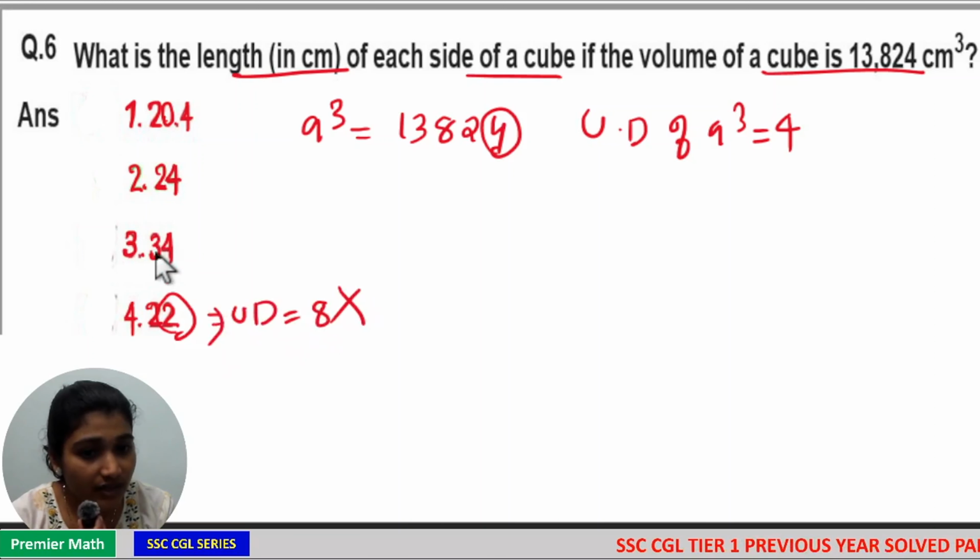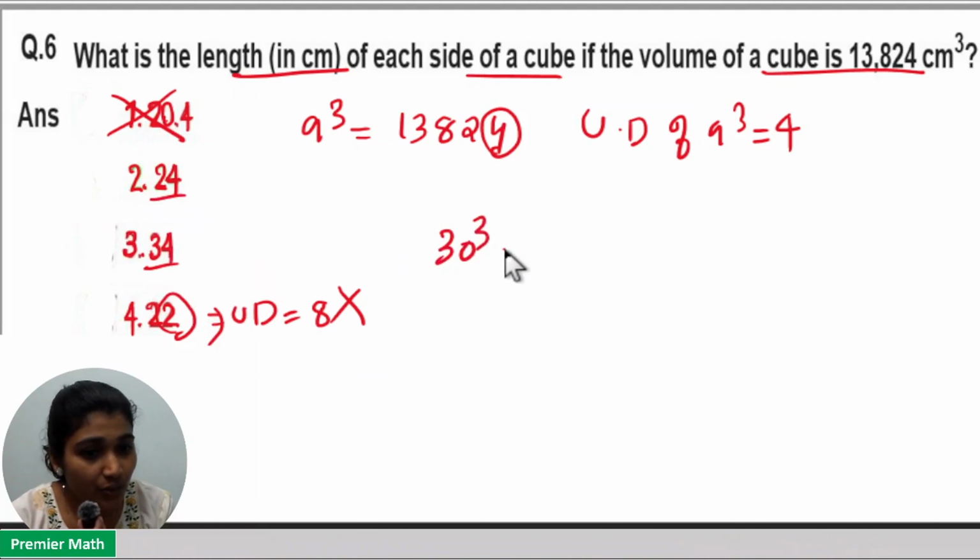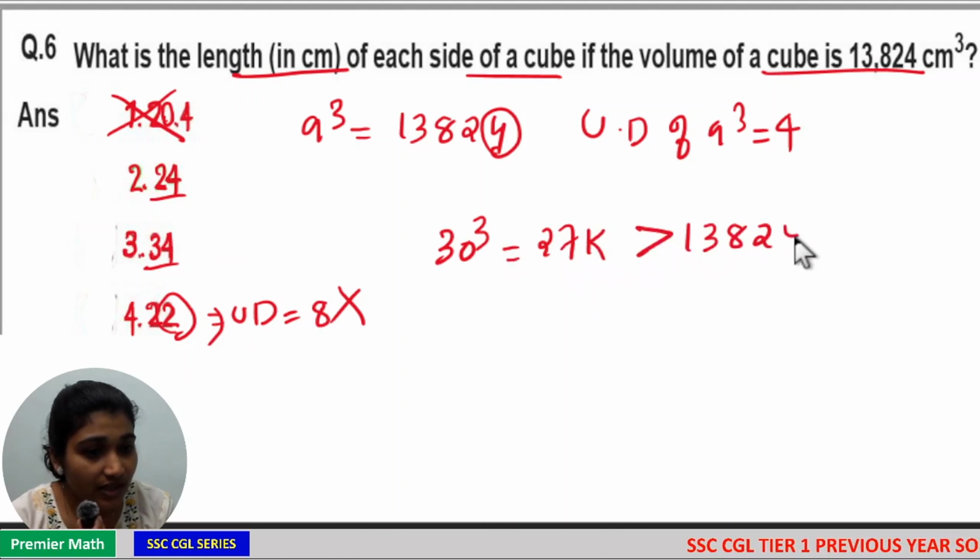Not our answer. And here 0.4 cube is eliminated, decimal in the answer, and here 24 and 34. Here 30 cube itself is equal to 3 cube, 27 into 1000, 27,000, which is greater than 13,824. So our answer is option 2.